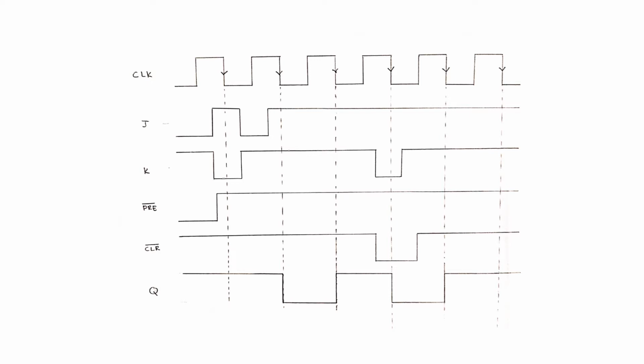As we can see in this waveform, if the preset and clear are active high, the output for Q will refer to the input of JK. If the preset or clear is active low, the output for Q will refer to the asynchronous input, and it will ignore the input of JK.